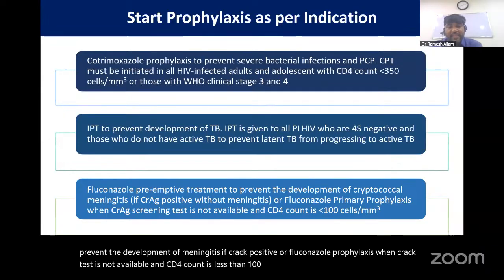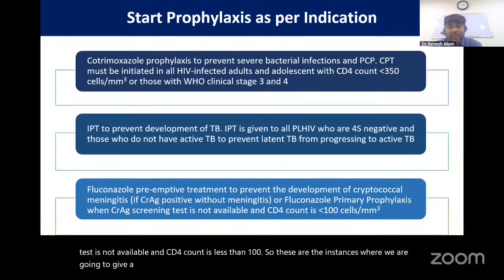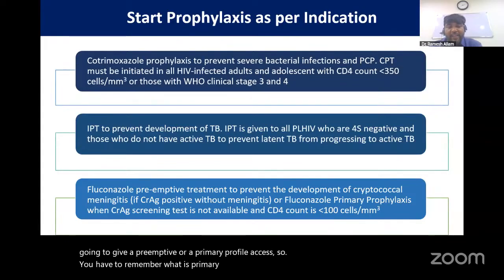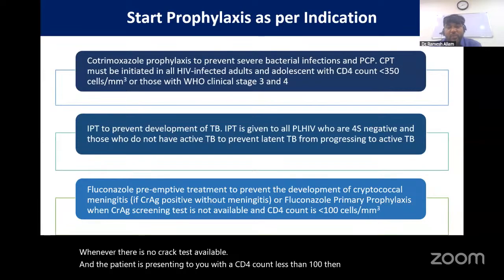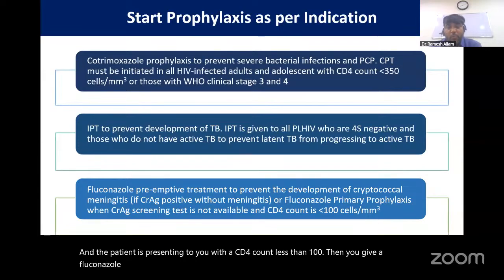So these are the instances where we are going to give a preemptive or a primary prophylaxis. What does primary prophylaxis mean? Whenever there is no CrAg test available and the patient is presenting to you with a CD4 count less than 100, then you give a fluconazole primary prophylaxis. How much is that? We will see.